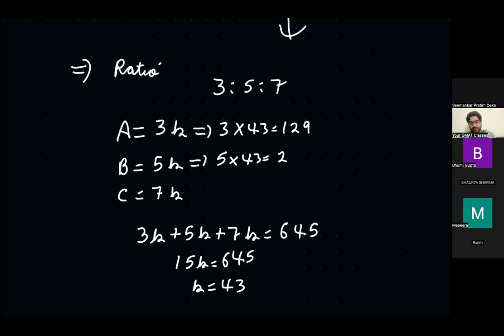And 7 times 43 is 301. Is this clear to everyone, class? Yes? Awesome. So these are the two ways in which you can simplify ratio and get to the answer.